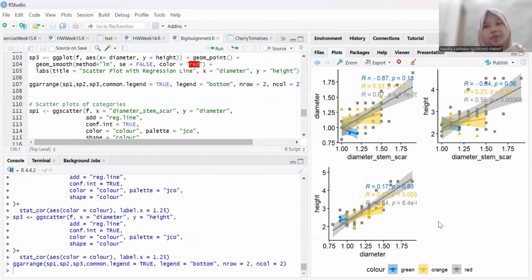Because the point of the whole visualization and analysis is to understand the dimensions of the tomatoes and how the color affects the dimension or vice versa, and how each dimension affects another dimension, we can conclude that the less mature tomatoes, which are green and orange colored tomatoes, are actually smaller in dimension, while the red colored tomatoes or the more mature tomatoes are more spread out, which means that the red tomatoes can be small in size or big in size.